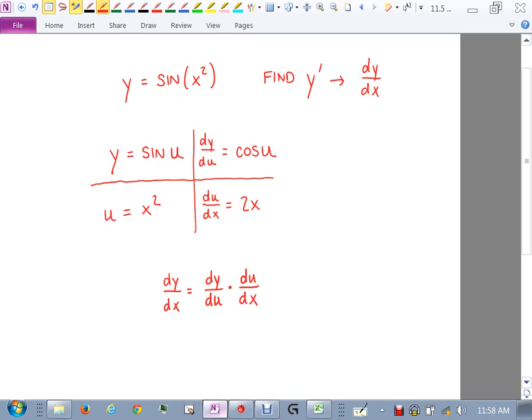What was dy du for us? It was cosine u, times du dx, which was 2x. But what was u? I'm trying to replace this u. It's x squared, so that's cosine x squared times 2x, which is exactly what you would have done had I just started with that and asked what's the derivative. We don't go through all this method of getting a table, and it's kind of a waste of time.